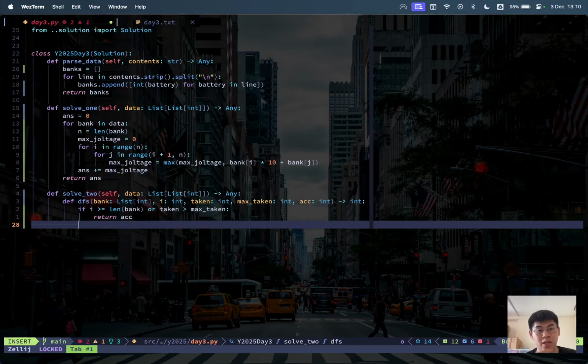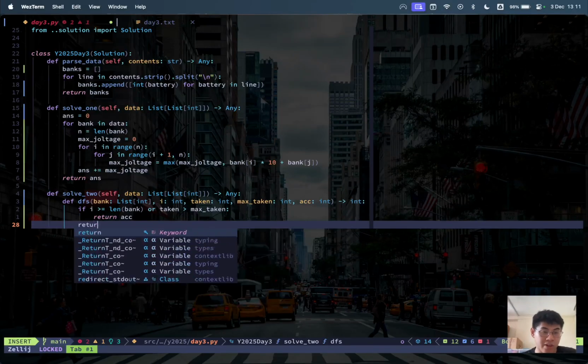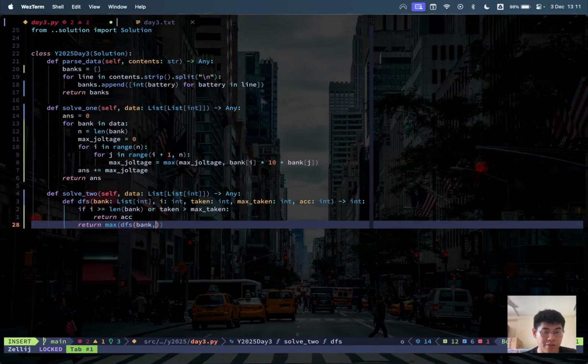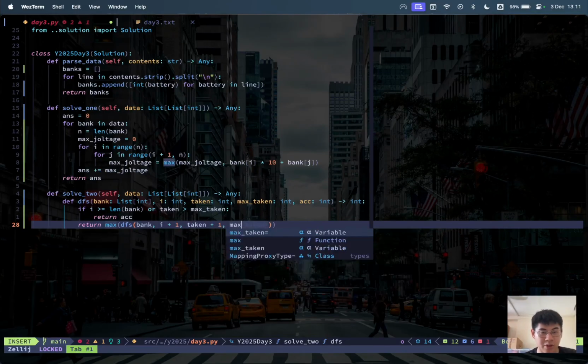Because basically we're saying that for every integer we either take it or we don't take it, and then we keep trying all of the positions, which is essentially kind of a subset-ish problem where we pick the numbers and then we return the max of the DFS along the bank, where we take one and we increase this by one.